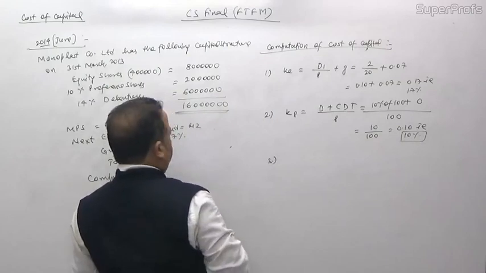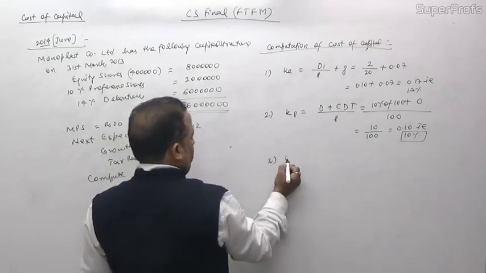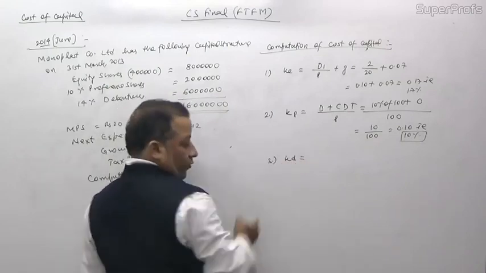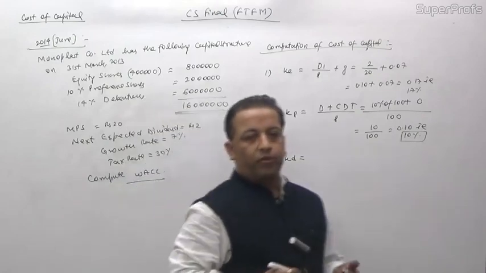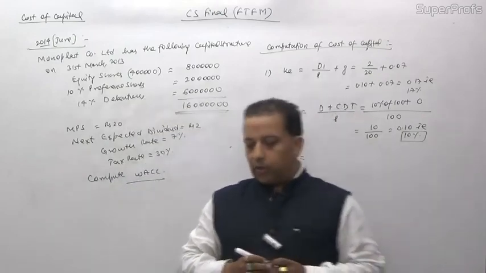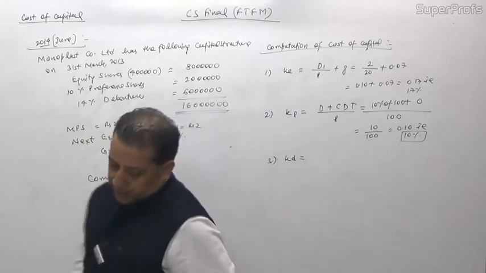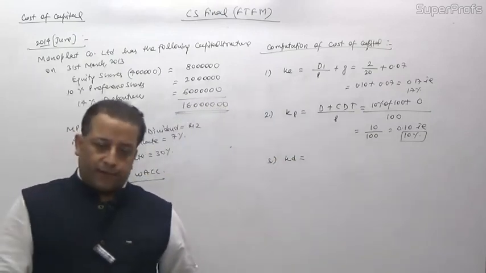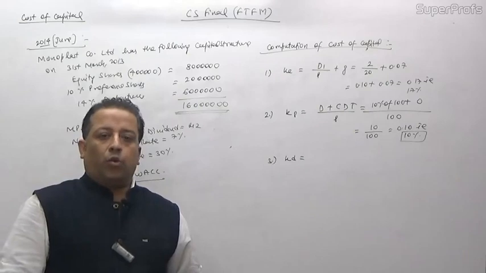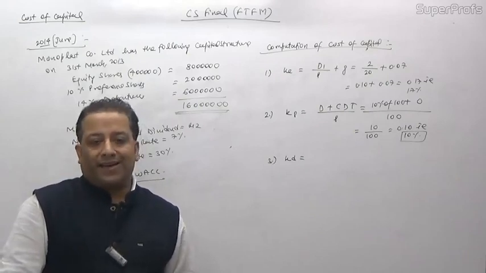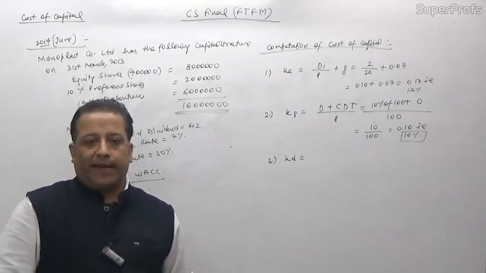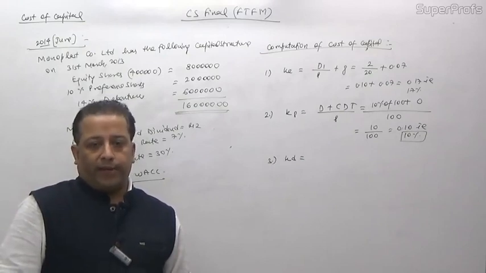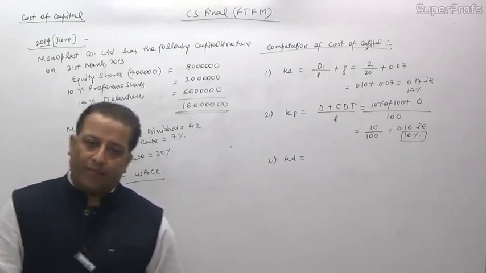The third part, I need to calculate the cost of debt. No information regarding redemption of debenture is provided in the question. So the debt can be taken as irredeemable debt, means non-redeemable debt.